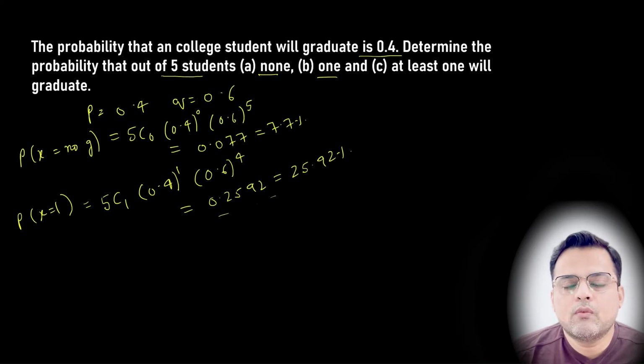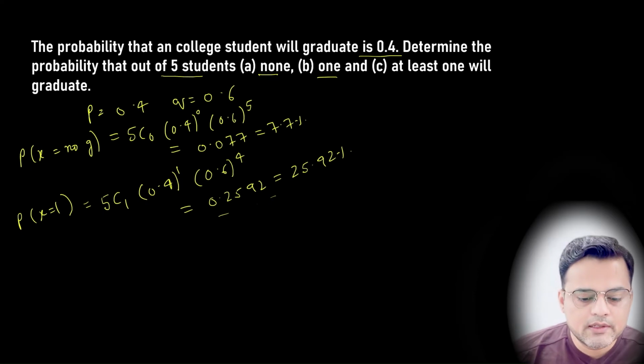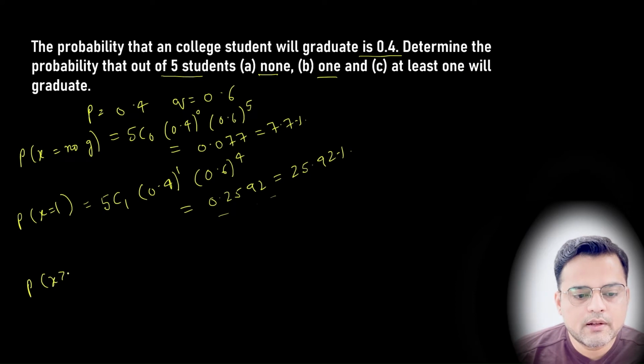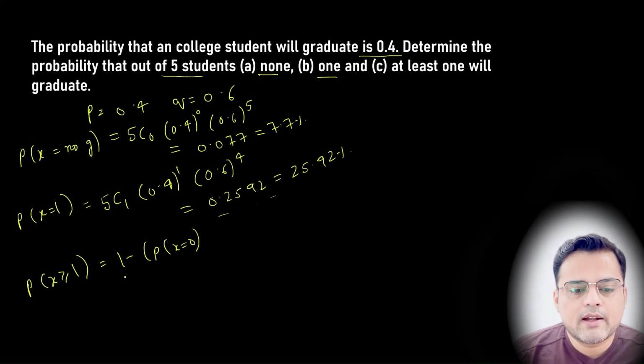Now at least one means one or more than one. So probability of X greater than or equal to 1 is equal to 1 minus probability of X equal to 0. If we subtract the probability of X equal to 0 from 1, we will get probability of X greater than or equal to 1.